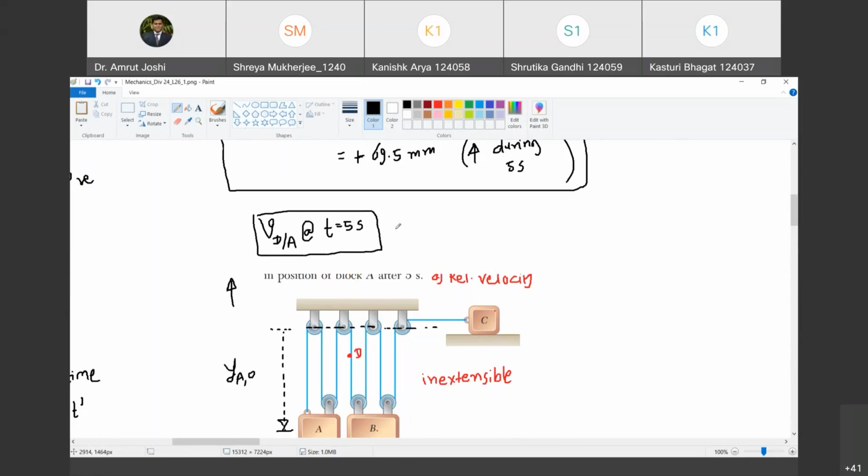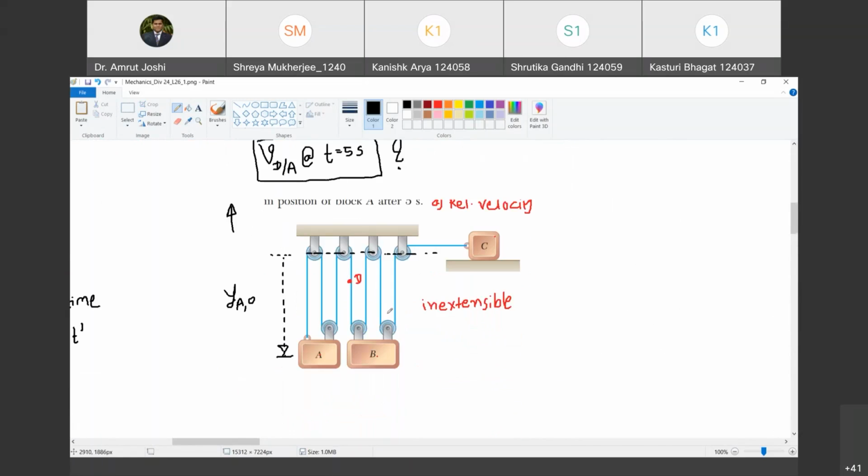As this is what we are seeking, therefore I am going to give cut to this string at D. Are you with me? Yes, sir. Cut at D. And I am going to consider that part of the string where A lies. Are you with me? Yes, sir. Because we have to calculate velocity of D with reference to A.